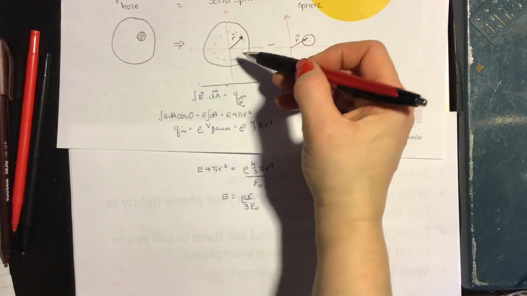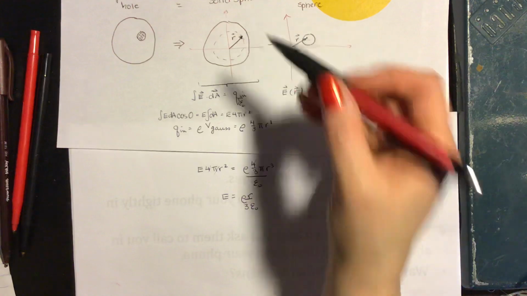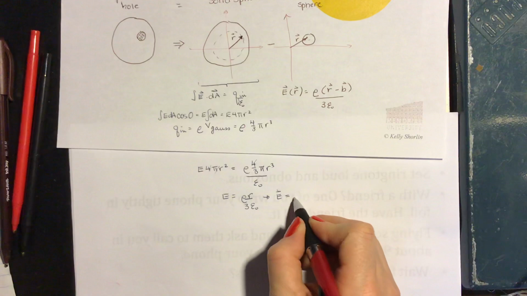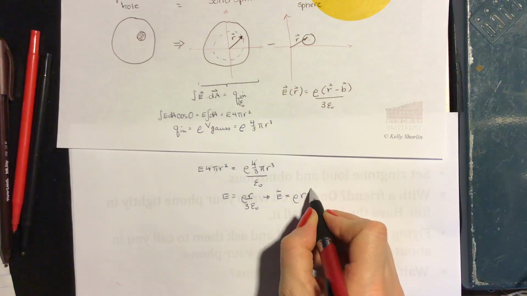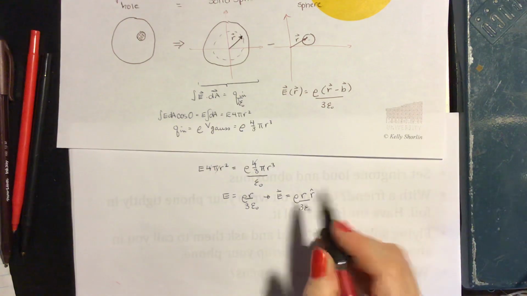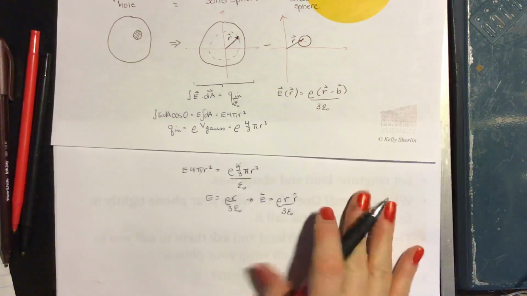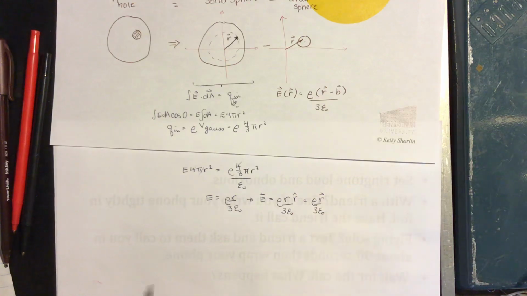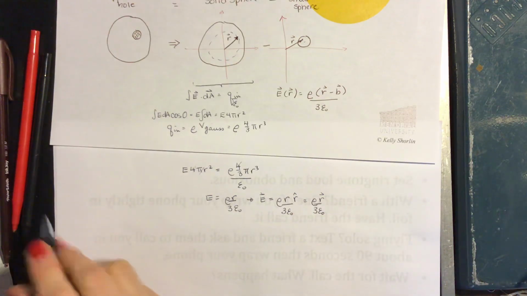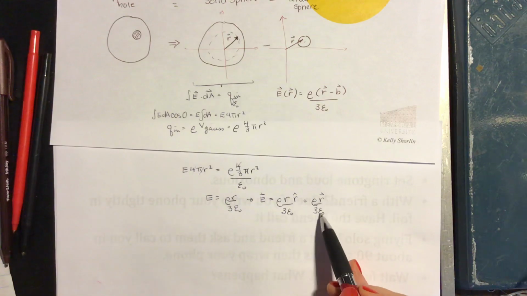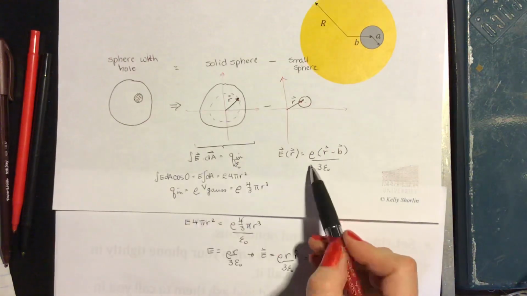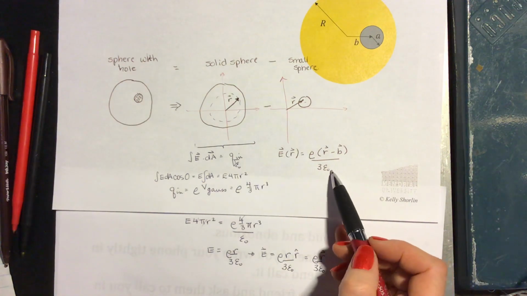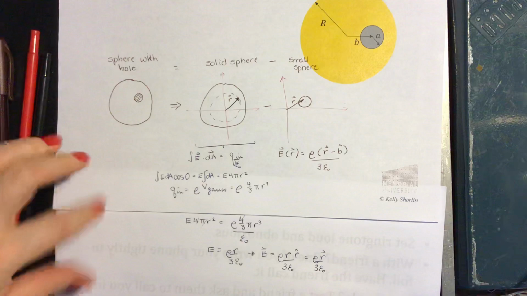It points in the r direction. So the electric field vector, E, is equal to rho times r hat over 3 epsilon naught. Magnitude of r times the direction of r is the vector r. So rho times vector r over 3 epsilon naught. Okay, so my electric field inside the solid sphere is rho times r over 3 epsilon naught. The electric field inside the small sphere is rho times r minus b over 3 epsilon naught. If we subtract those, we get the electric field inside the sphere with the hole.